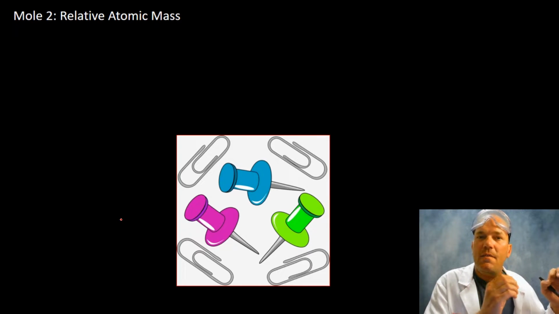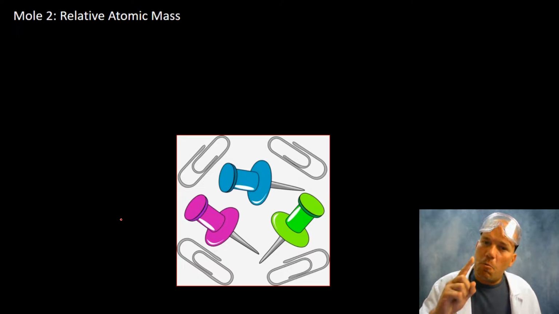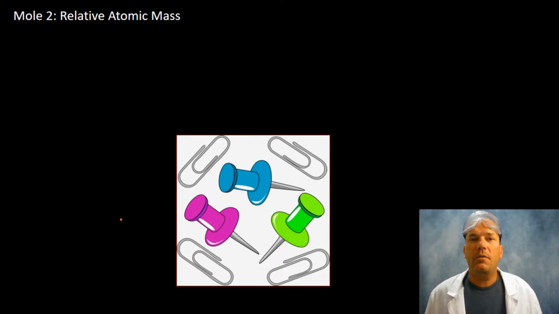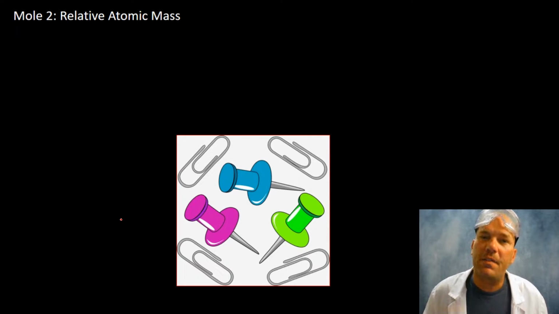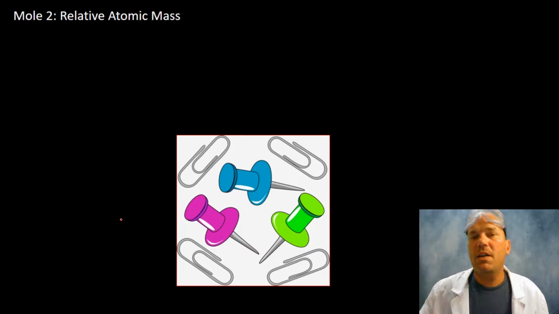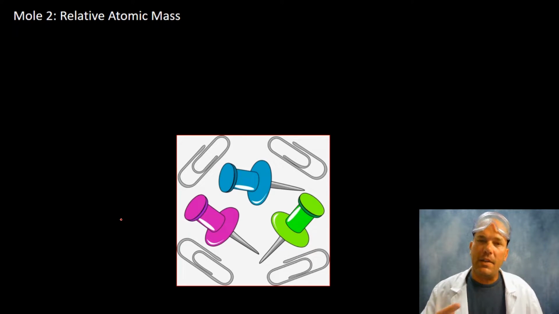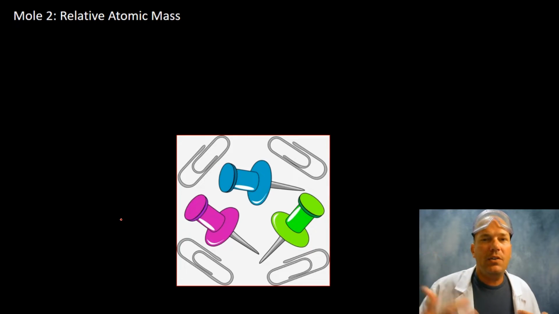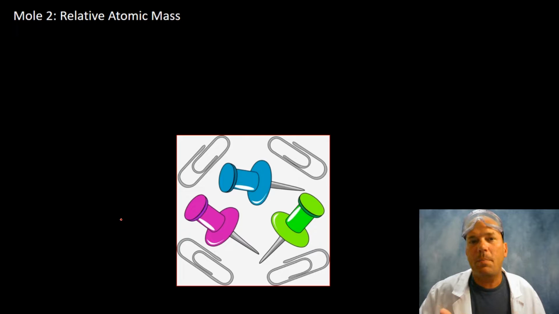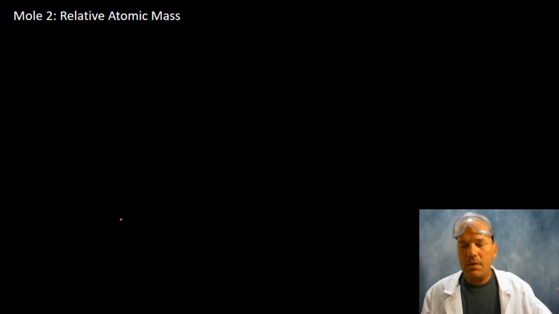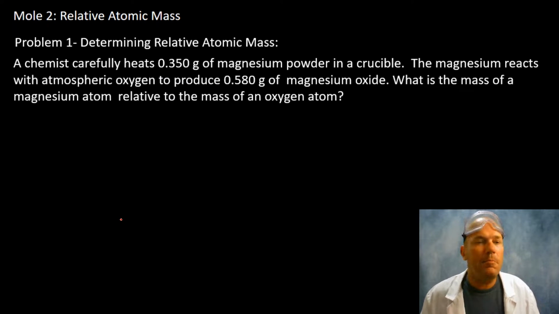Then you can infer from that one individual thumbtack must be 1.25 times heavier than one individual paper clip. And that's the intuition behind this whole idea that we're going to be getting into in the next couple podcasts leading into the mole. So let's go ahead and look at an example problem here.